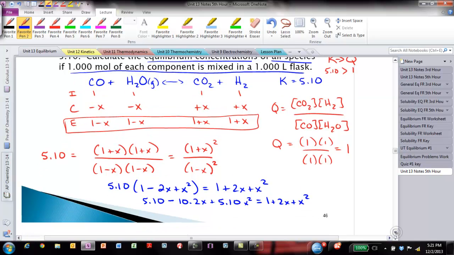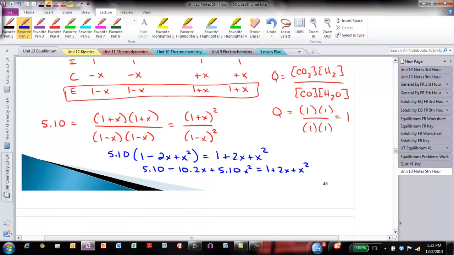And to be able to solve this, we've got to put all our variables on one side. So I'm going to move everything left, just because it'll keep my X squared positive. It doesn't really matter. So I'm going to get a 4.10X squared, a negative 12.2X, and a positive 4.10, and that's going to equal 0.